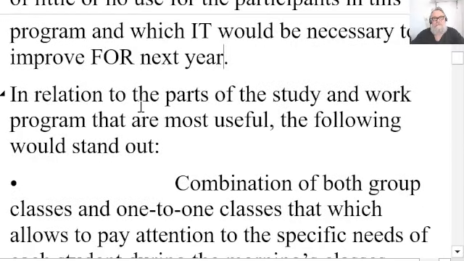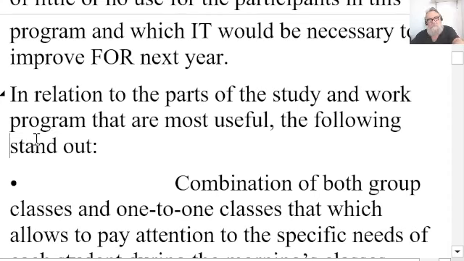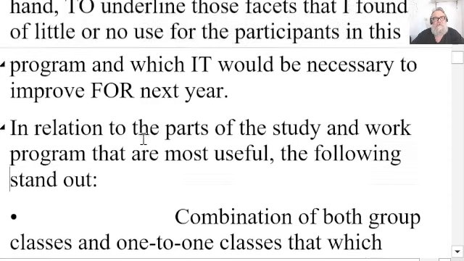In relation to the parts of the study and work program that are most useful, the following would stand out. You could use "would". I'm happier with "the following ideas", "the following things stand out".